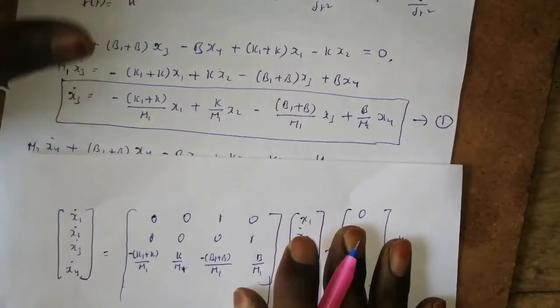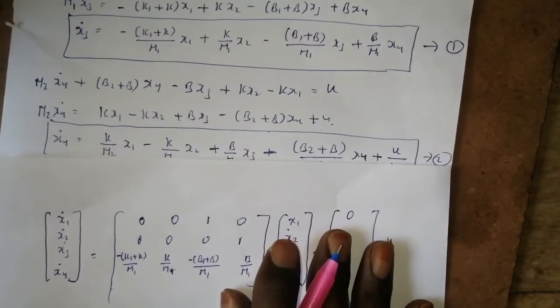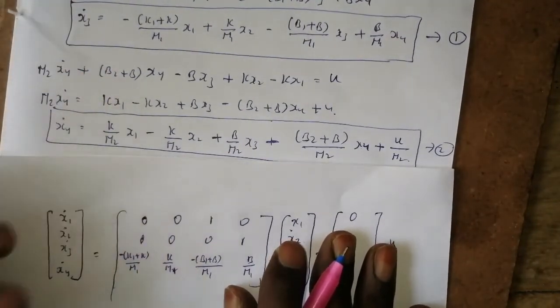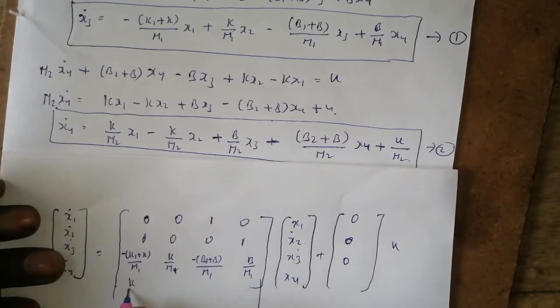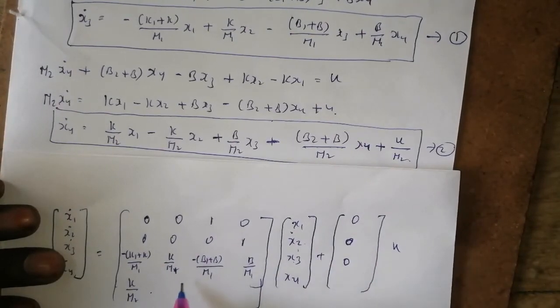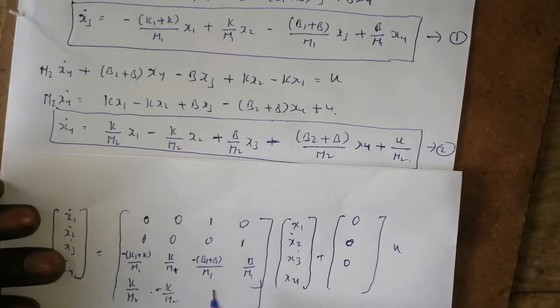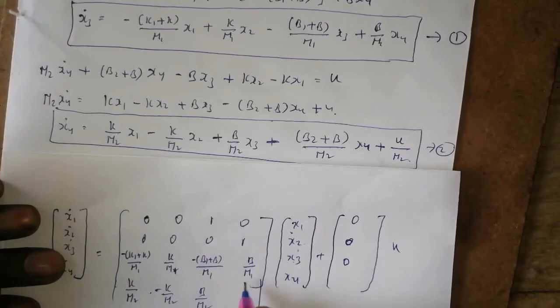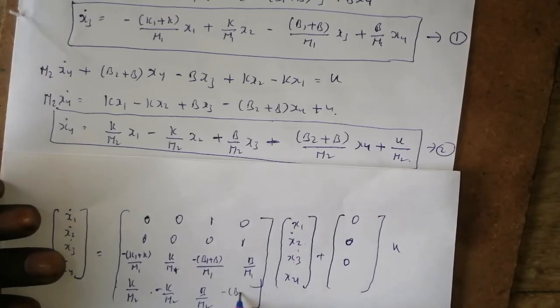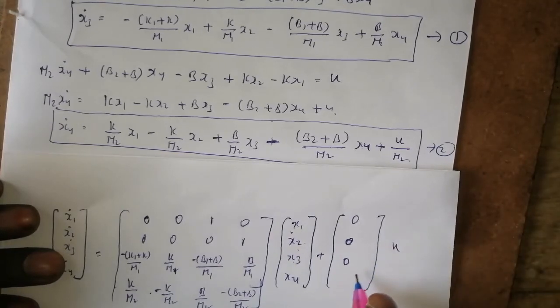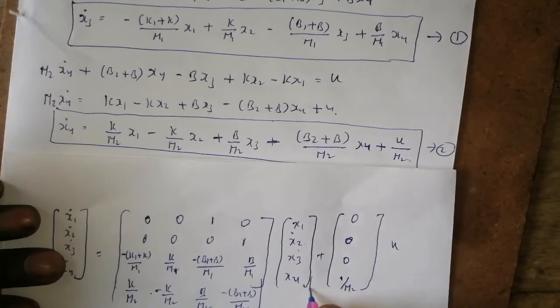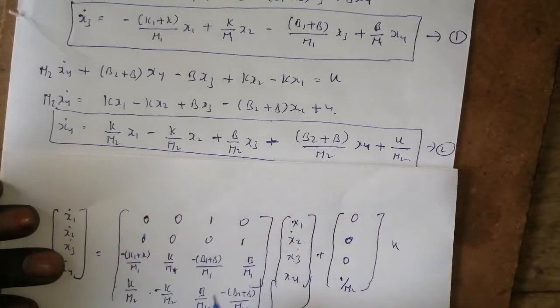Next, the x4 dot equation. First one is k by m2 into x1 minus k by m2 into x2. Next, b by m2 into x3 minus (b2 plus b) by m2 into x4, and it has the input term 1 by m2.